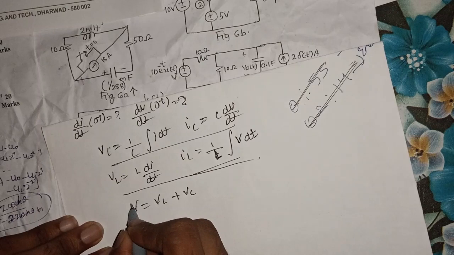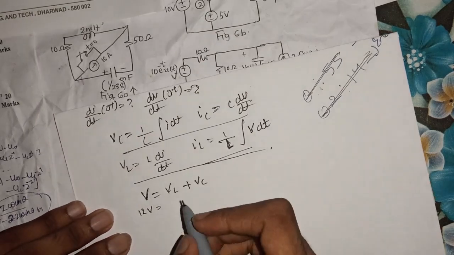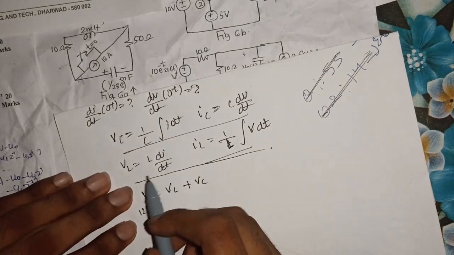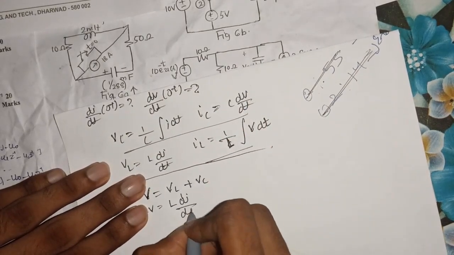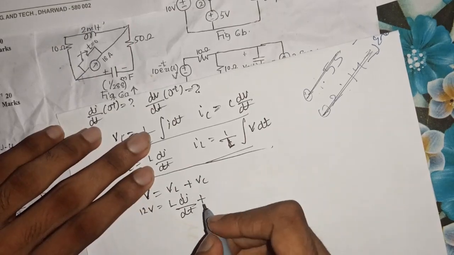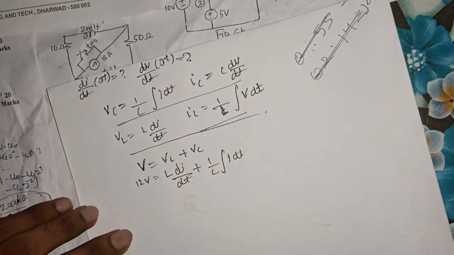Since the value of the voltage is 12 volts, 12 is equal to VL, which is the voltage across the inductor, L into di by dt, plus the voltage across the capacitance, which is given by 1 over C integration of I dt.